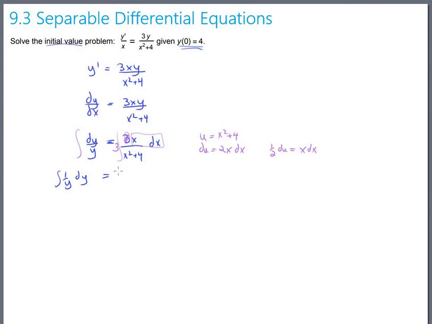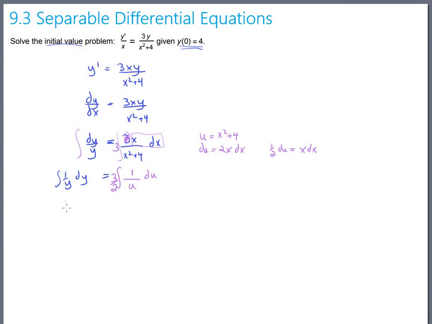Okay, so rewriting this side in terms of u, I've got the 3 out front. X dx, same thing as 1/2 du, and maybe I'll move the 1/2 out front as well. X squared plus 4 is u. So I moved everything away, so there's a 1 on top of that. Okay, I think we're actually ready to integrate both sides now.